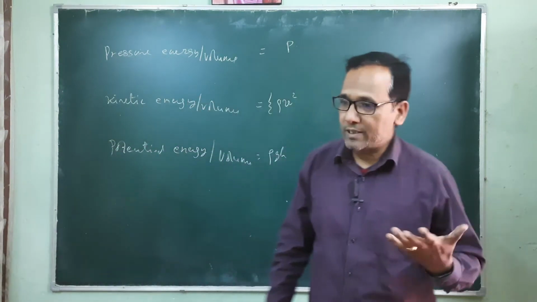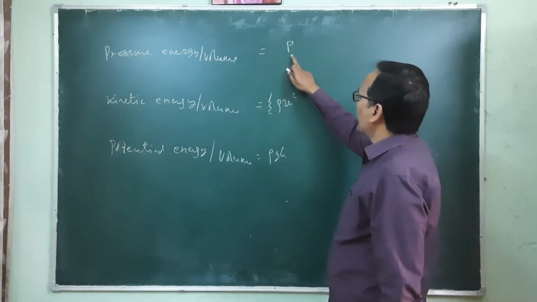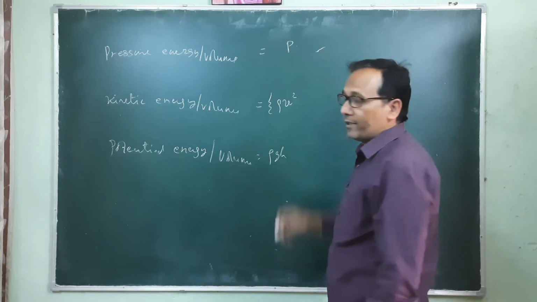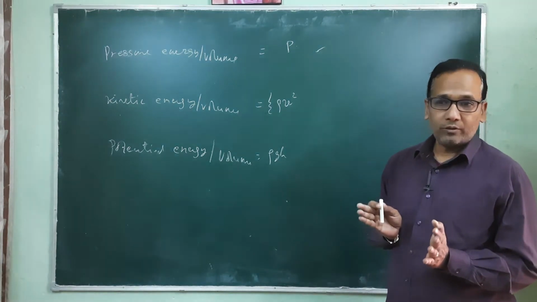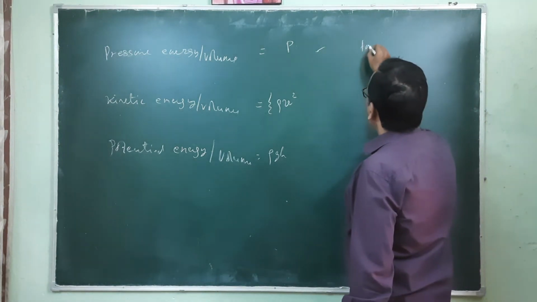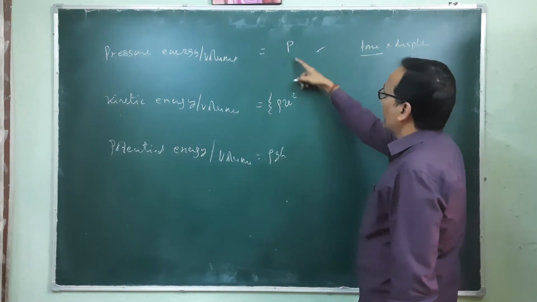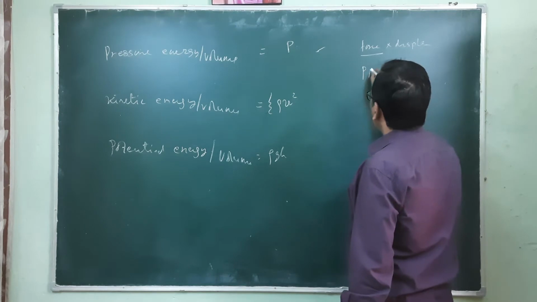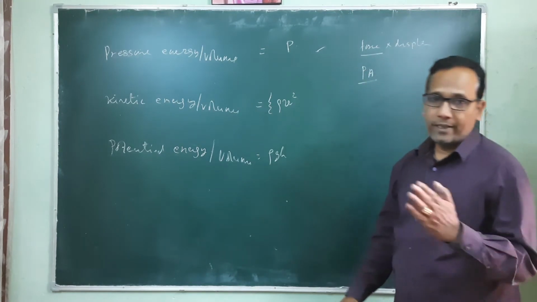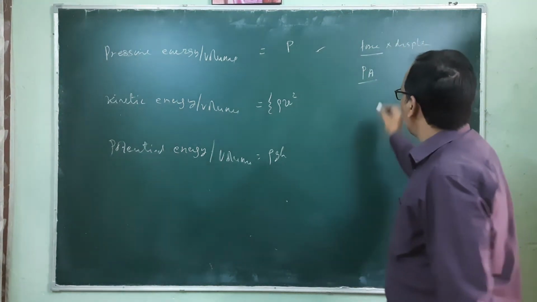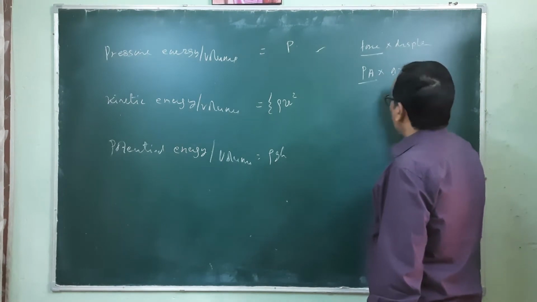So the method was simple. Pressure energy is calculated in terms of work. So work is force multiplied by displacement, and that force we have calculated in terms of pressure. So pressure multiplied by cross section area is the force, and the displacement is equivalent to delta x.